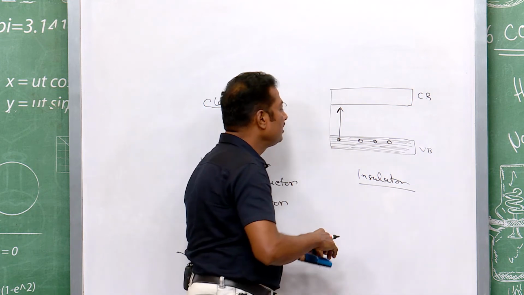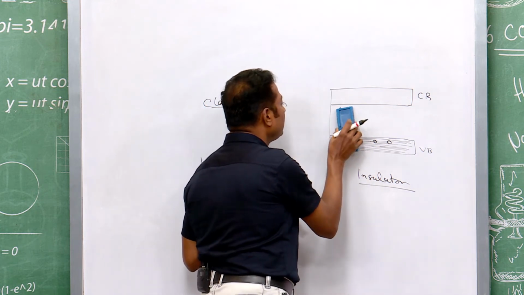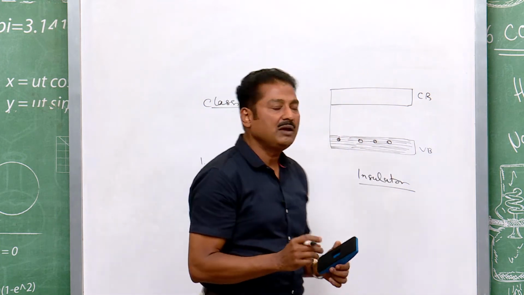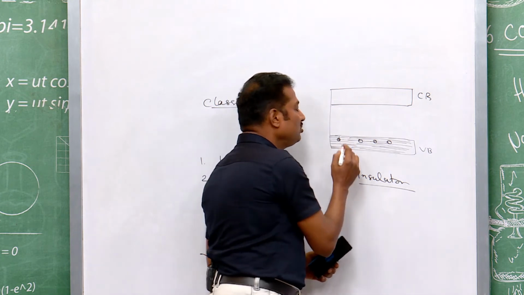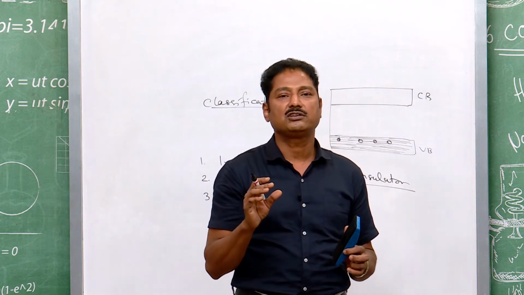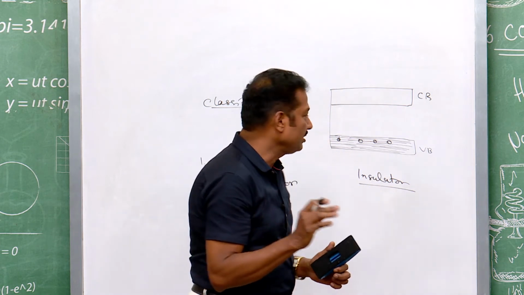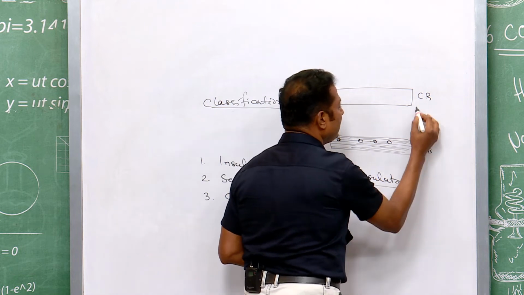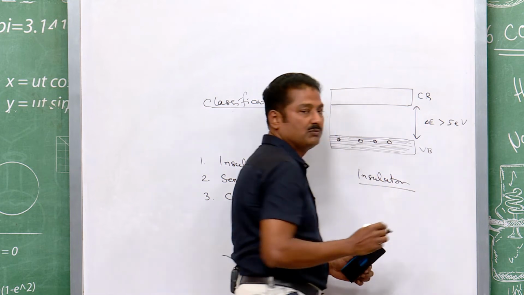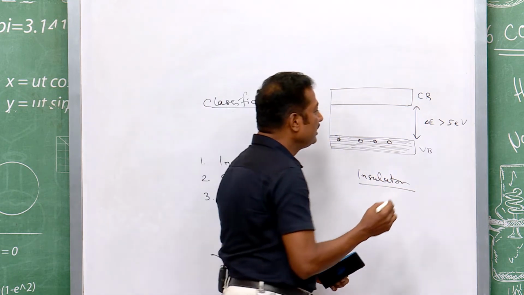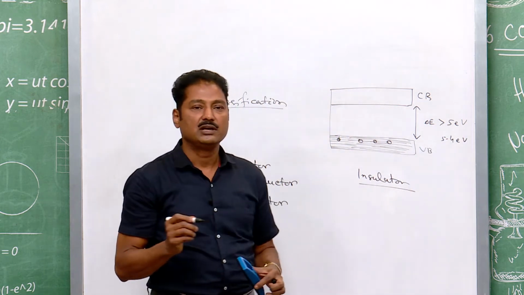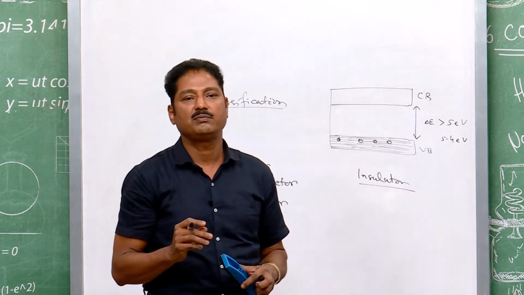So, usually the insulator does not have electrons in the conduction band, that is why it does not conduct, and the gap delta E is more than 5 electron volt. For a diamond, it is 5.4 electron volt. So, this is the insulator on the basis of band theory.